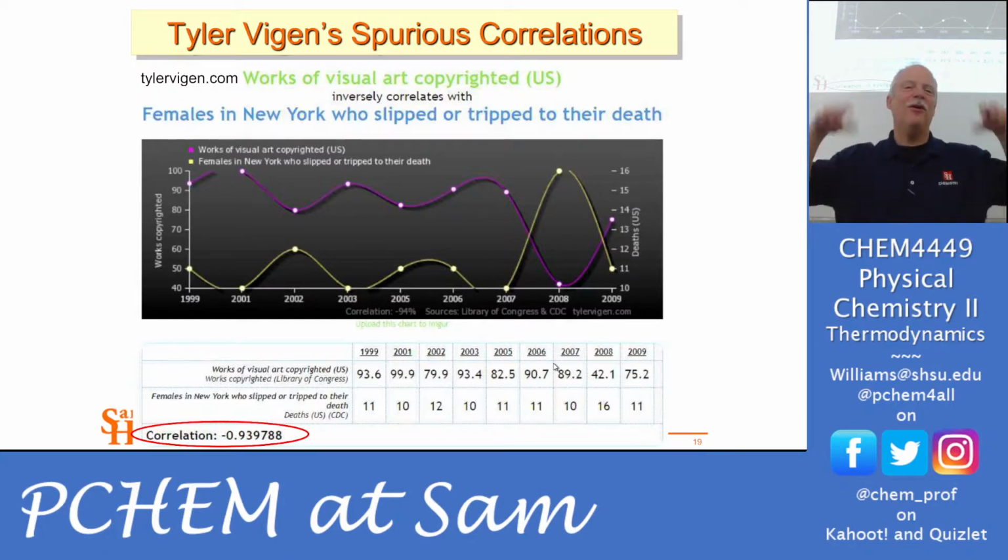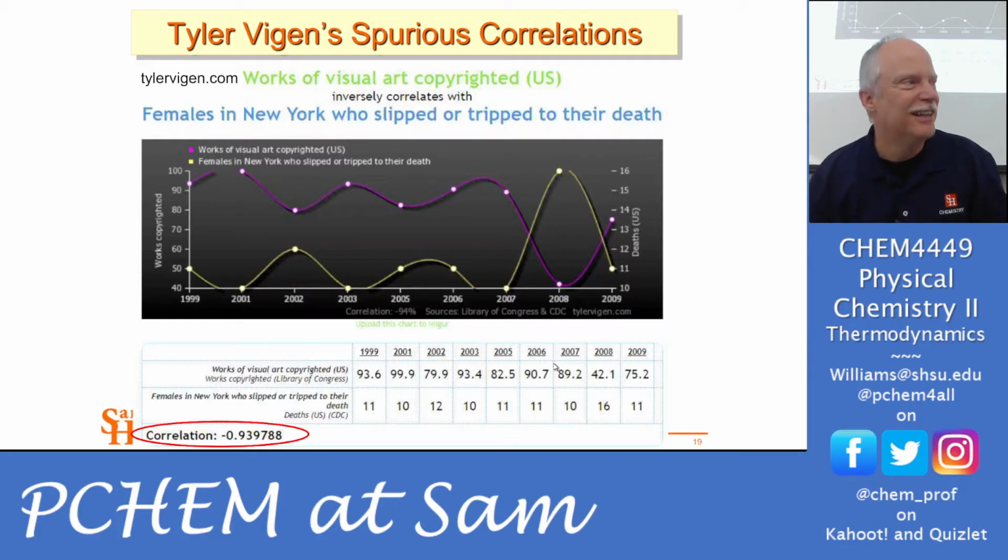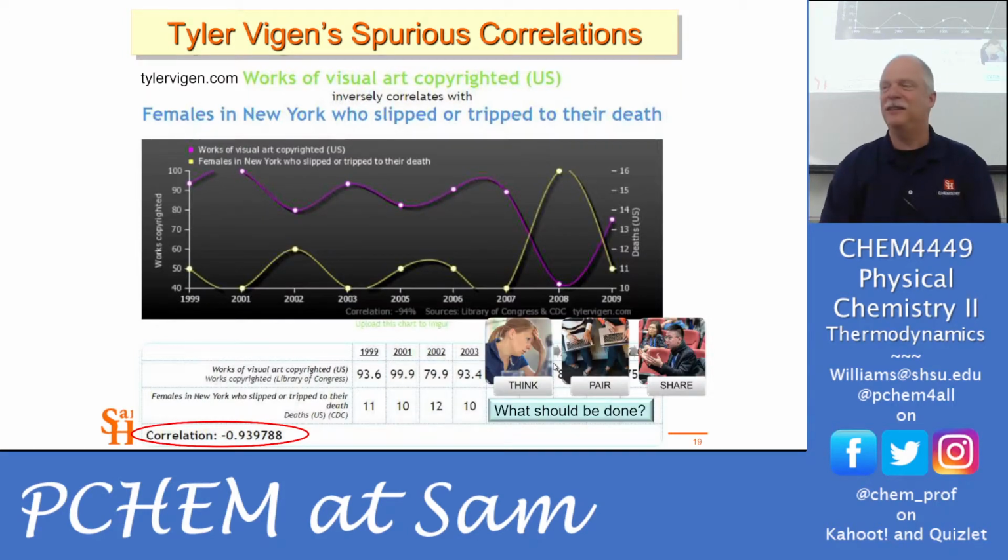So if we have more works of visual art, fewer females will die in New York. 93 or 94% correlated. Okay, so what should be done? We need more art in New York. Lives are at stake, right? And so it's just funny, and there's a bunch of others on there.